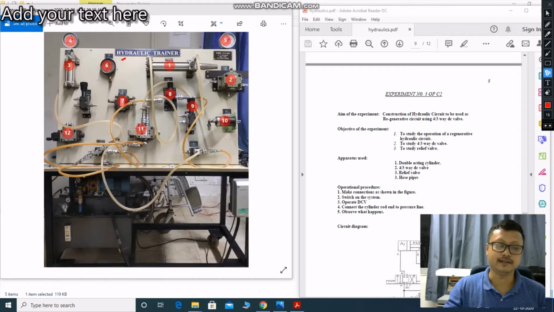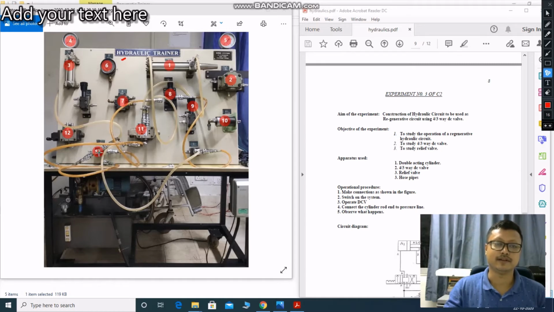Point number 13 is an intake manifold from where we take the hydraulic power line, from where we can take hydraulic pressure to the required component.